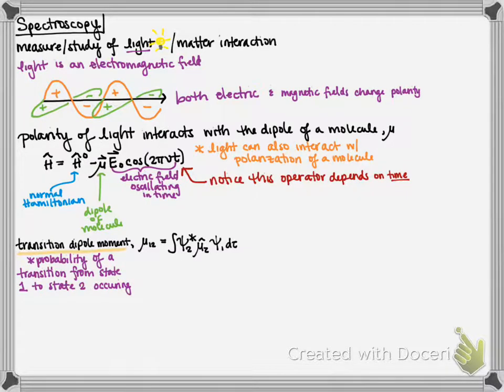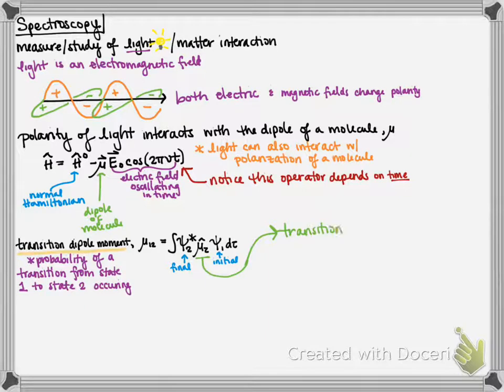So we have this mu12, and it's equal to the integral of psi 2 star, so the state we're going to, or the final state, mu z operator acting on psi 1, or our initial state, integrated over all space. So note that the initial state is always the one that is operated on.